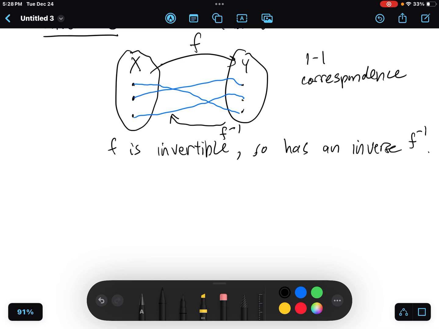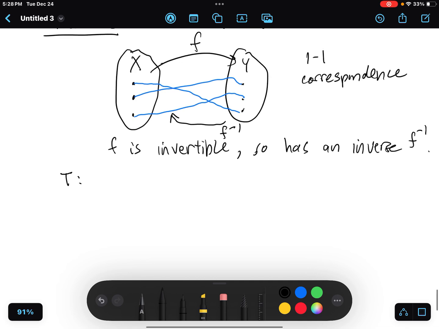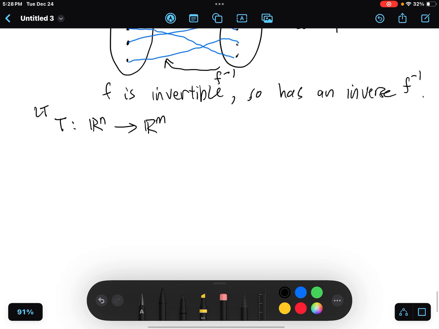So what does that mean in terms of a linear transformation? Let's say you have a linear transformation from Rn to Rm. We've seen before that the only way it can be one-to-one is if n is less than or equal to m. So T being one-to-one implies that n must be less than or equal to m.